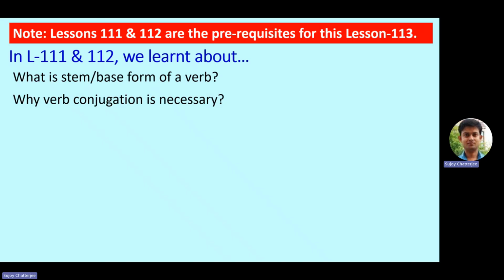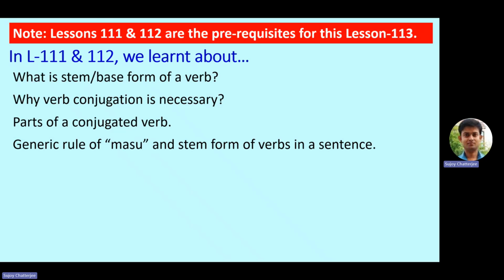So why is verb conjugation necessary? Verb conjugation is basically adding some suffix to the stem form of the verb, and there are several significances, several uses, several implications of verb conjugation. We also studied the parts of a conjugated verb, and the generic rule of masu and stem form of verbs in a sentence. We learned that we can use only one masu form of a verb in a sentence.